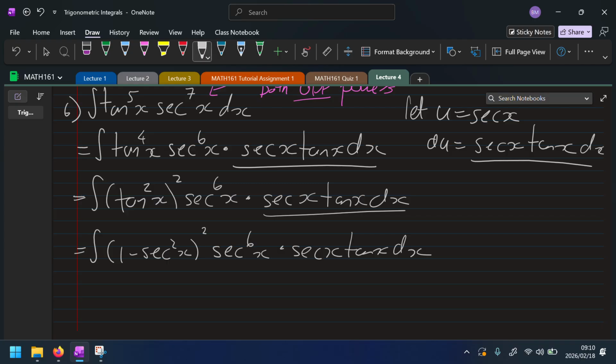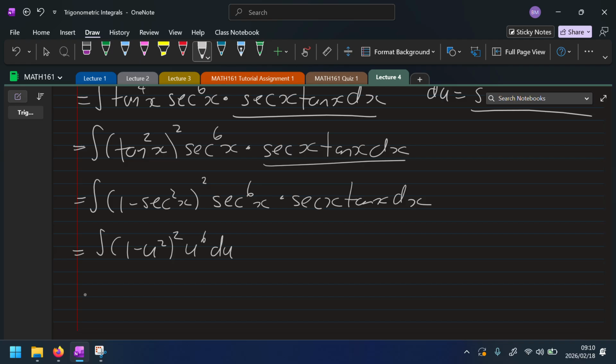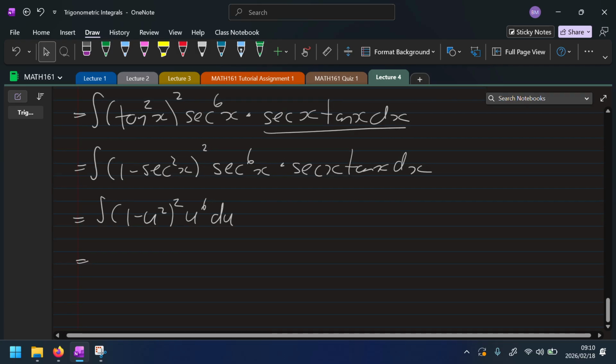So we have everything we need now. So all of that stuff in the front, we can write in terms of u, and the sec x tan x on the end there, we can write as du. Okay, and then very simple from here. Okay, so let's expand that out.